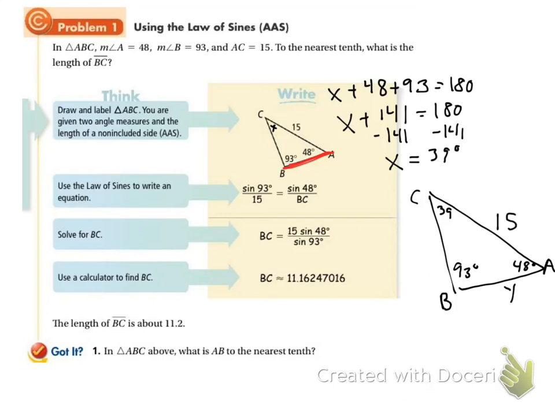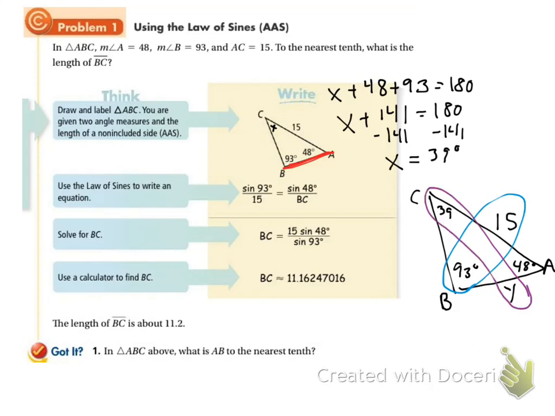What you want to look for is an angle and a side that are opposite each other, where there's a number for both of them, like this one right here, which has an angle number and a side number. Then we can match that up with the side that we're looking for and the angle that we have.